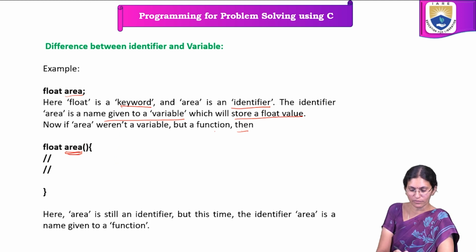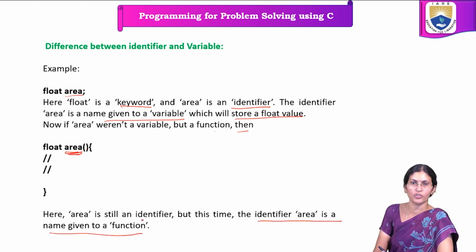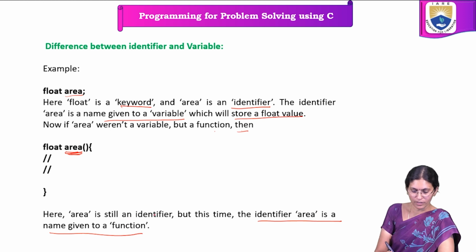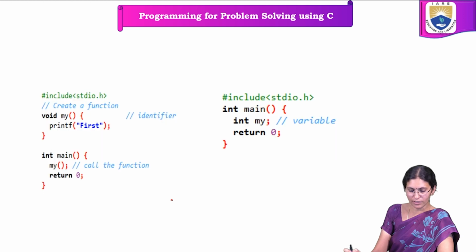The syntax for declaring or defining a function is this. Here area is still an identifier, but this time the identifier area is the name given to a function. So this is the main difference between identifier and variable.